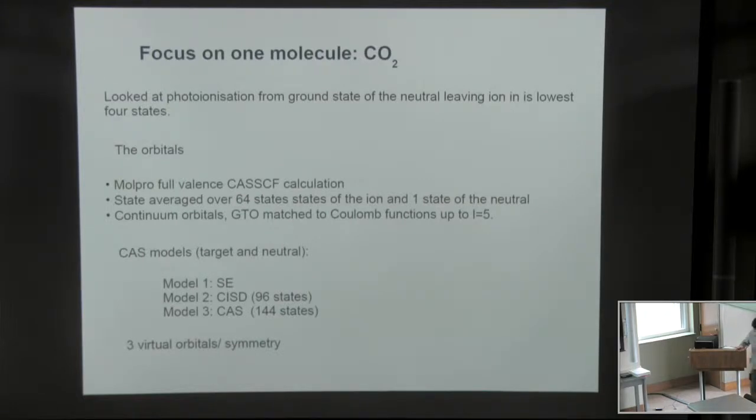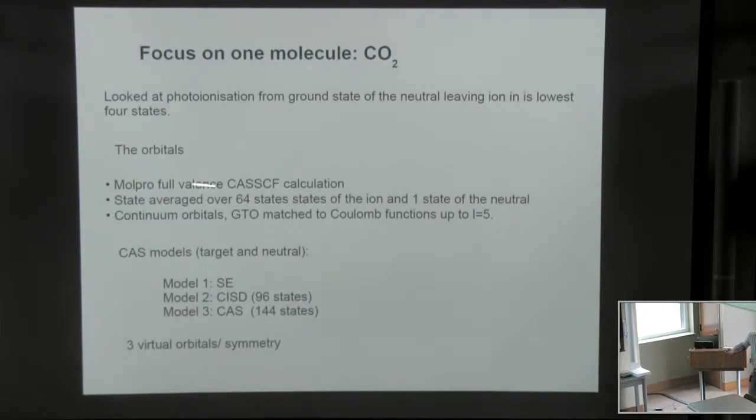Okay, so we looked at one particular molecule in several different ways, and the molecule we chose to look at was CO2. So we looked at photoionization from the ground state of the neutral, leaving the ion in the lowest four states. And these are some details of the calculation.